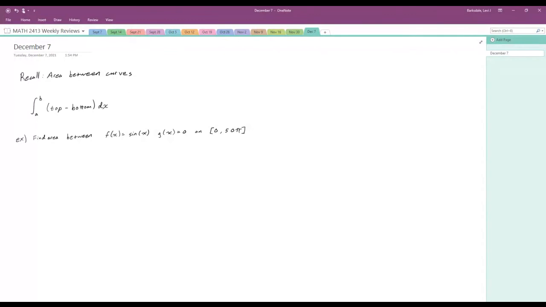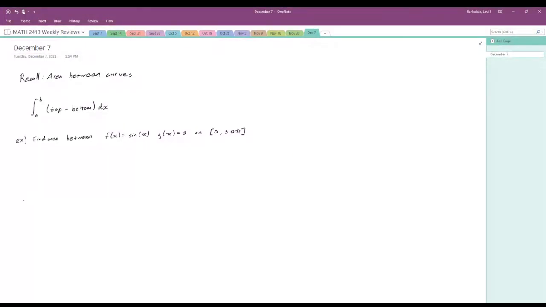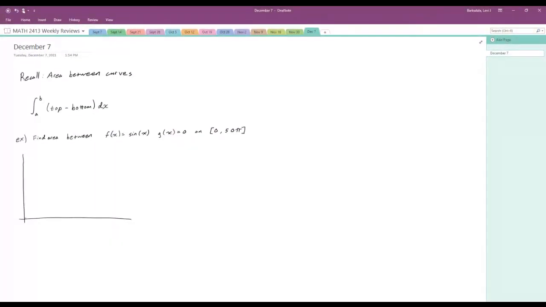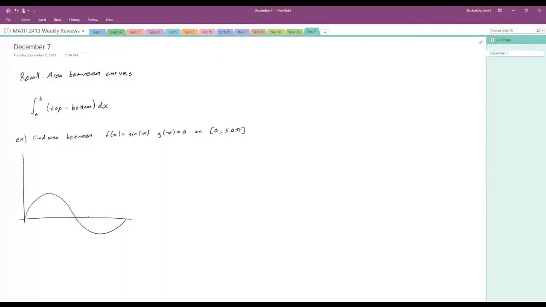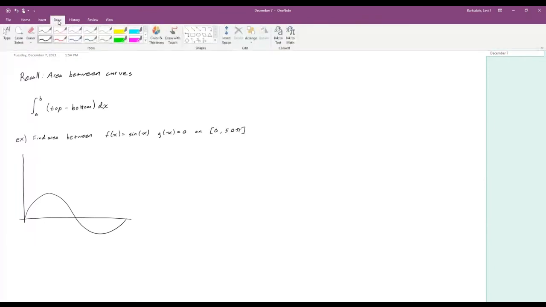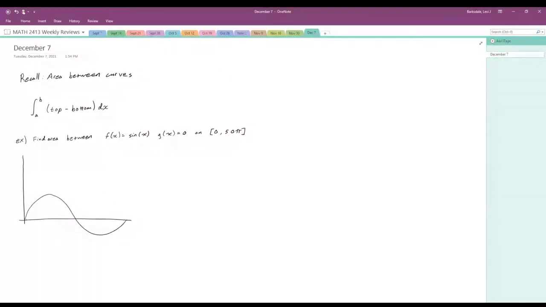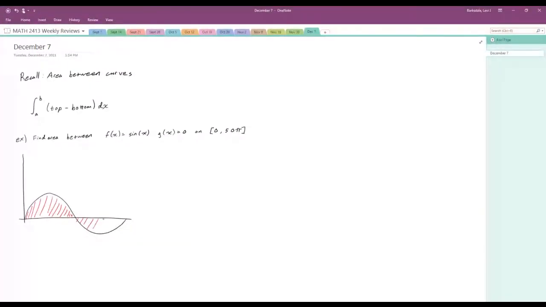So if we sketch out just the first little bit of this graph, here we have our sine x curve, and here's our line 0. So the area that we're looking for is going to be all of this plus all of this. And we're going to have this repeated a whole lot.